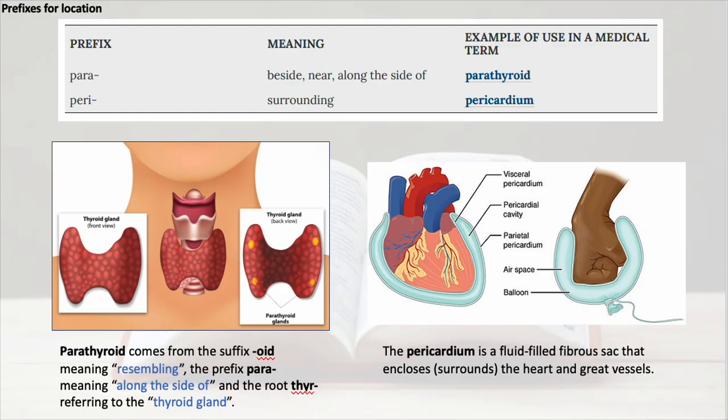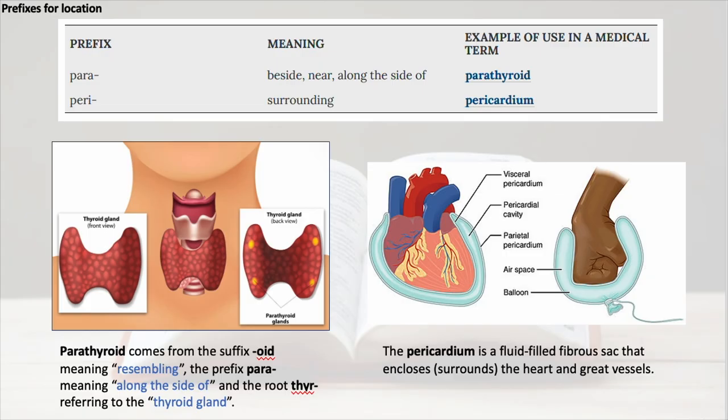And we've seen before the use of the word pericardium, which is the fluid-filled fibrous sac that encloses or surrounds the heart and great vessels. And it's a very strong cavity, if you will, that is going to contain fluid that prevents friction as the heart is contracting. So peri, again, meaning around or surrounding.